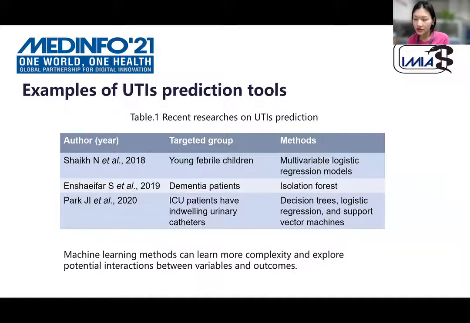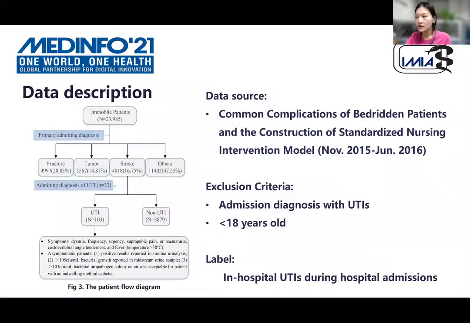Researchers use these innovative approaches to capture the complex and nonlinear relationships between variables and outcomes, and they can deal with imbalanced data. So in this study, we proposed to develop an effective prediction model to identify UTIs risk in immobile stroke patients, and we compare its prediction performance with traditional models and other machine learning models.